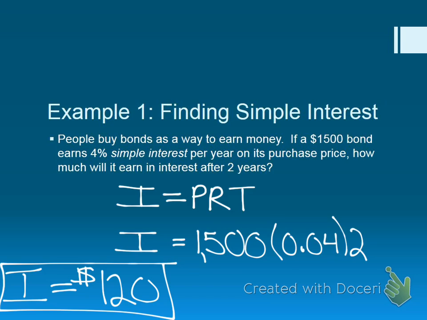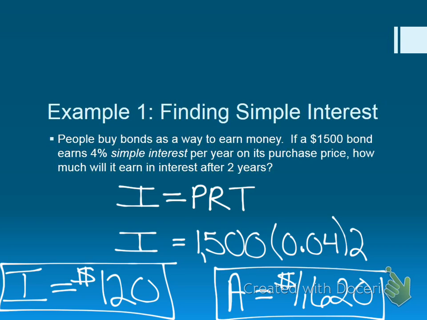I add them together. $1,500, my initial amount invested, plus $120, the amount of interest I earned, gives me my final balance, which I use the variable A for. I'll explain that more in a minute, but we use the variable A to represent our final balance of $1,620. Like I said, this is how we do numbers 8, 10, and 12.